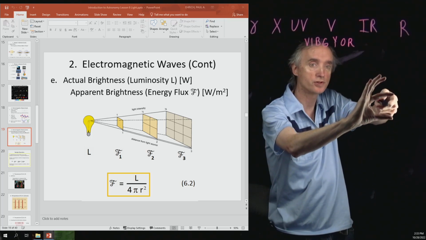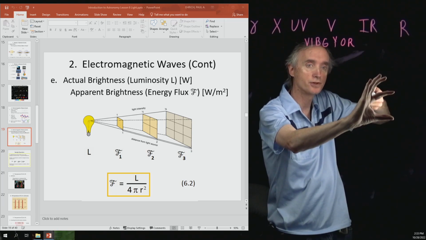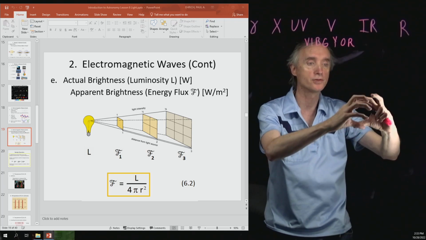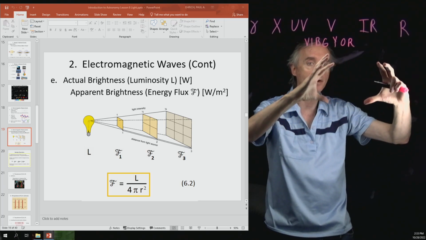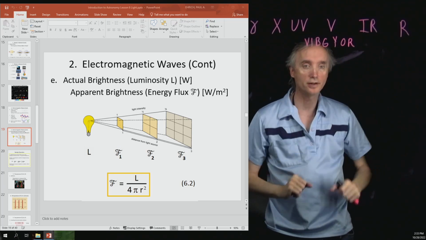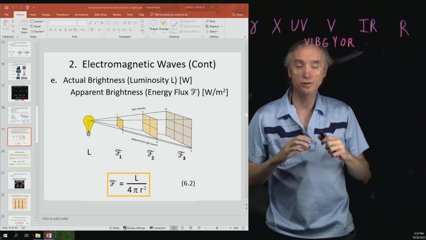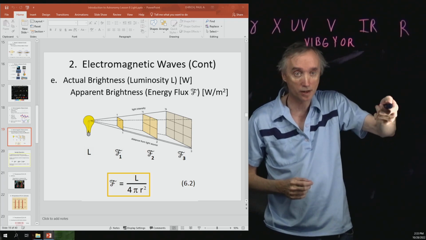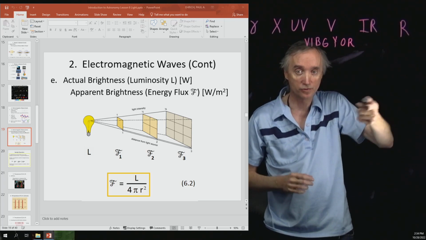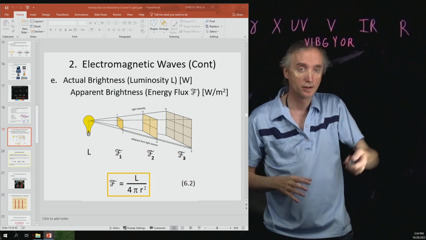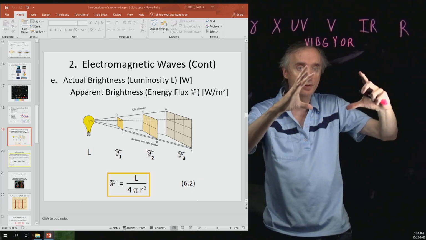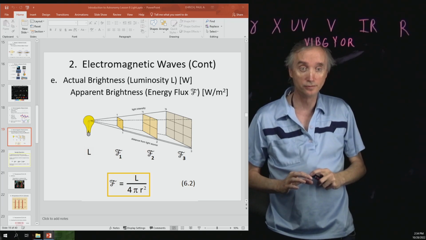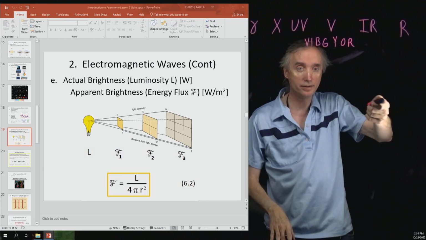Then start to back it away. Back your flashlight away from the wall and look at how the circle gets bigger, but the bigger it gets, you'll notice it's not as bright as it was when it was up against the wall. So two things are changing: the size of the circle, or we could say the area of the circle, and also the brightness.